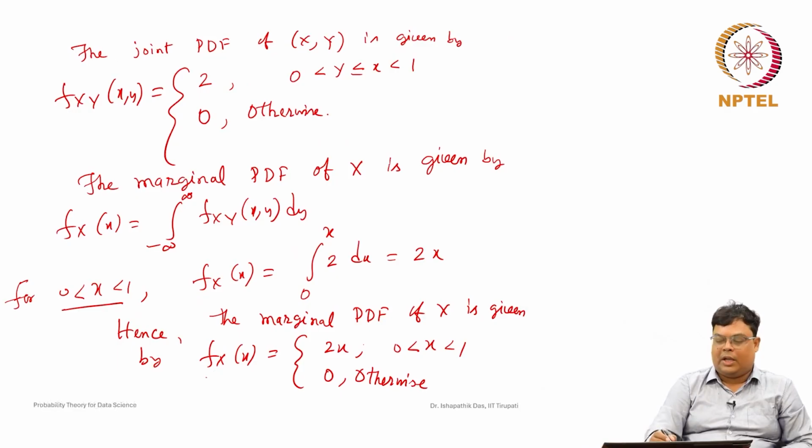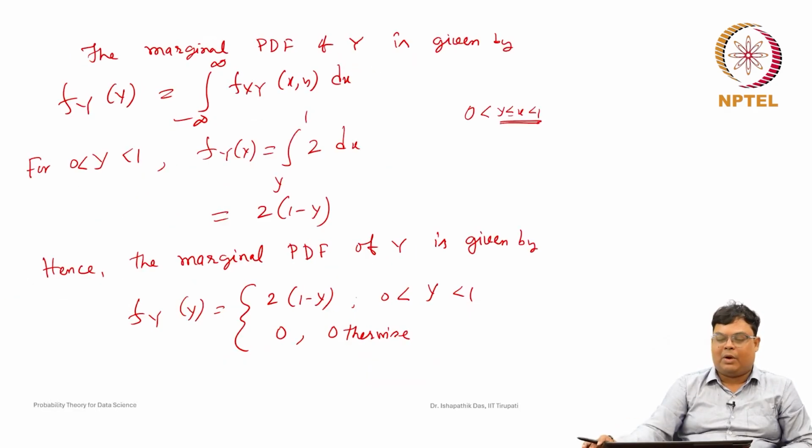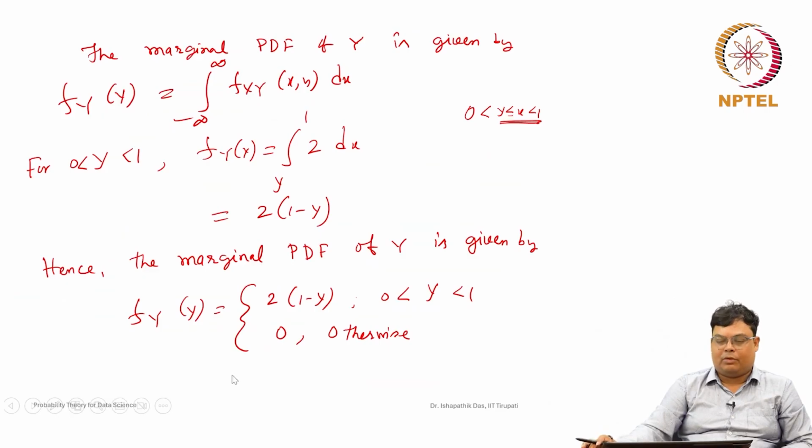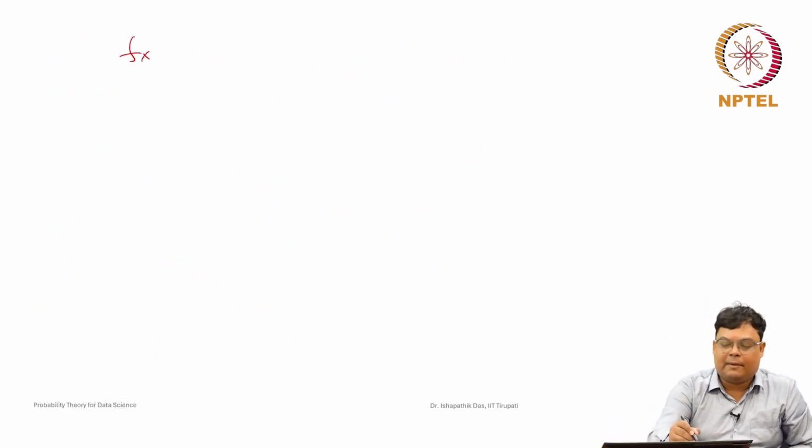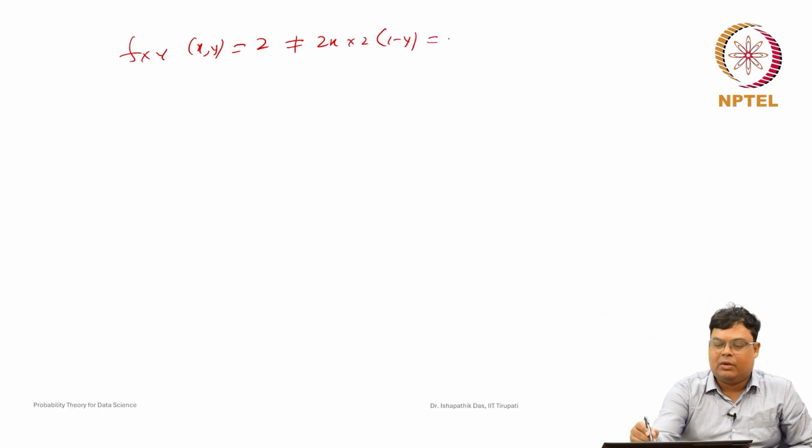Now, f_X(x) is 2x and f_Y(y) is 2 into (1 minus y). Obviously, f(x,y), which is 2, is not equal to 2x into 2(1 minus y) in general, which is f_X(x) times f_Y(y).